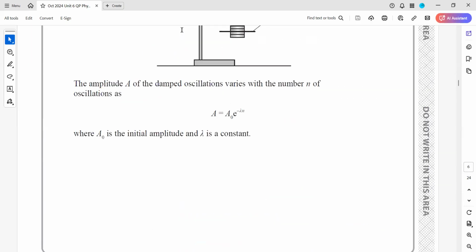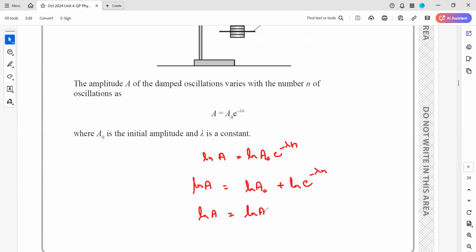If I take ln on both sides, ln A equals ln A naught e to the power minus lambda n. ln A equals ln A naught plus ln e to the power minus lambda n. If we rearrange, ln A equals ln A naught minus lambda n.